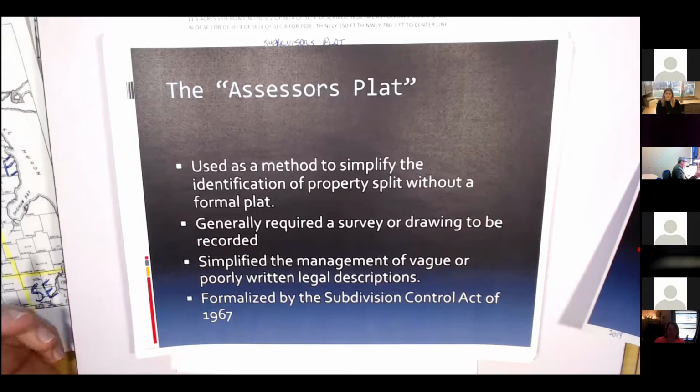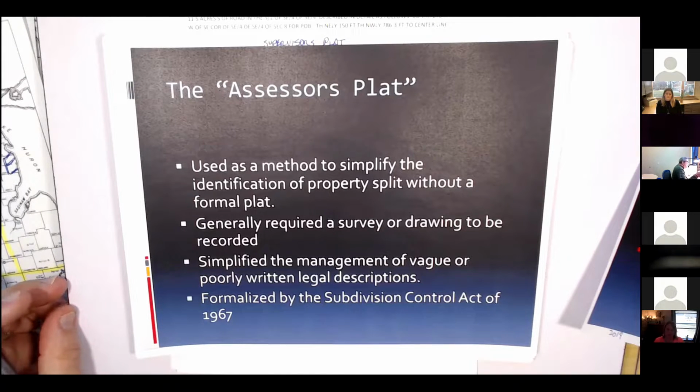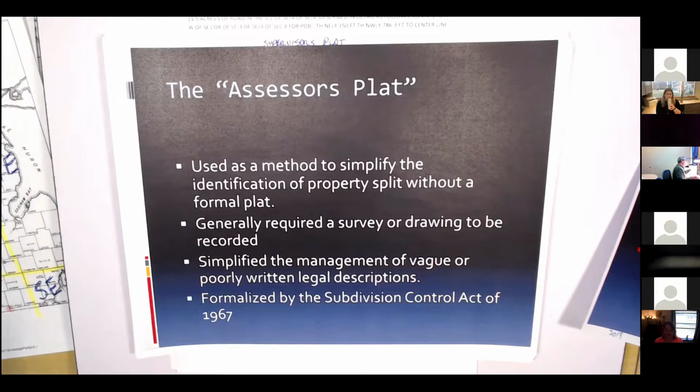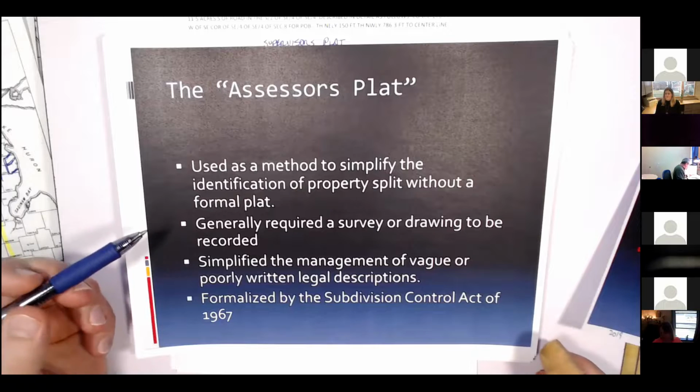Sometimes the supervisor or assessor would get their name enshrined in the name of the plat, but they would say from now on, that's lot number one of the supervisor or assessor's plat number 92, or assessor John Smith's assessor's plat number 14, lot number one, and they would eliminate going forward the necessity of having to describe these by long measure and by monuments that may or may not still be there.